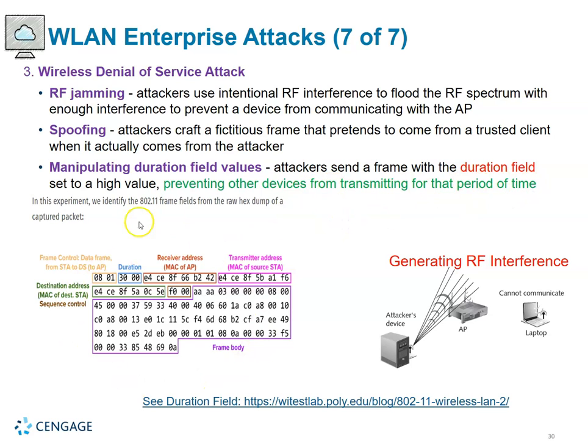So here you can see an example. Realize, though, when you're doing something like this, a hacker who manipulates duration field values is taking advantage of one of the characteristics that's actually an option that's permissible in the 802.11 standard. What we're talking about here is the request to send and the clear to send protocol.